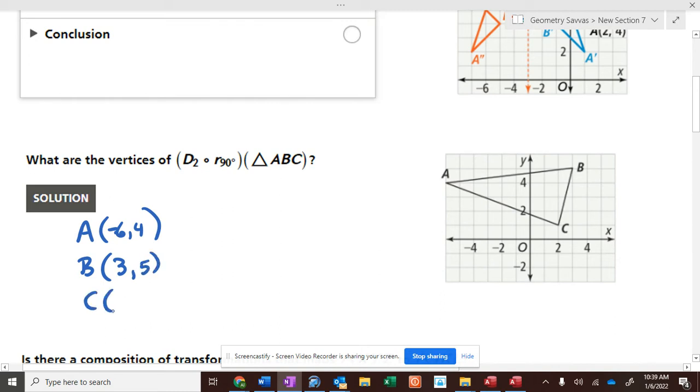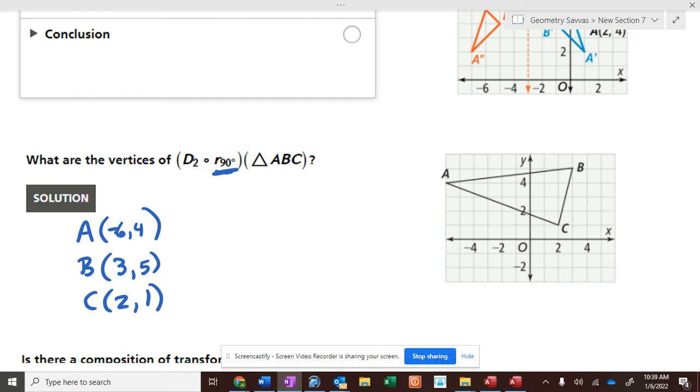And C is at 2, 1. Okay, it says R90. Little r means rotate it 90 degrees. So we're going to turn it this way. So A is going to come down here, B is going to go over here somewhere, C is going to go over here somewhere. Okay?